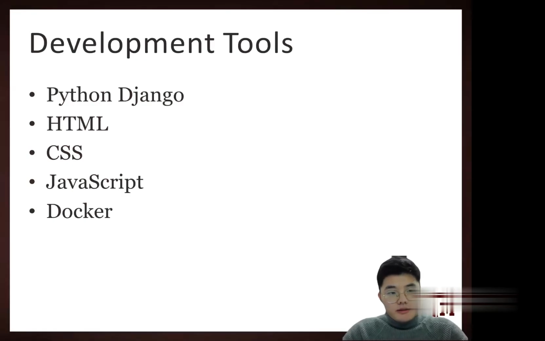We have been using several development tools. We use Python and Python Django. Django is a web-based Python framework that enables you to easily build powerful web applications. We have been using HTML, CSS, JavaScript, and Bootstrap to format our website and design our web pages to be more user friendly and colorful.